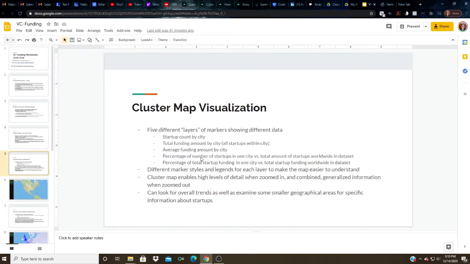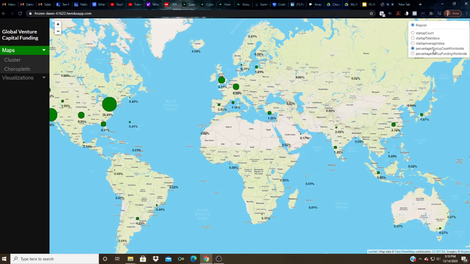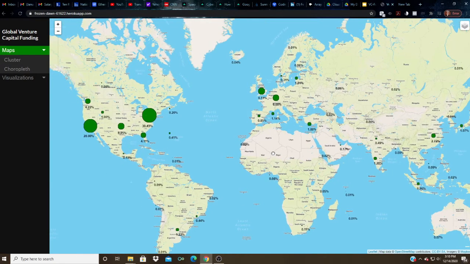Also has the percentage of startups in one city versus all the cities, and it also groups just like it did for these maps. So if we go down, it's got the percentage of startups, and instead of doing colors, we did marker sizes. So those marker sizes are proportionate.